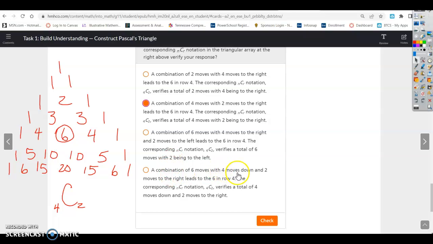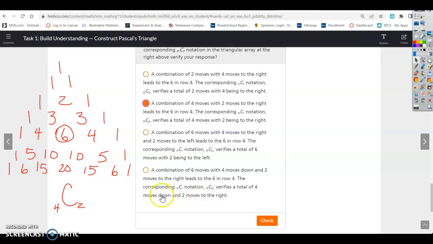A combination of 6 moves with 4 moves down and 2 moves to the right leads to the 6 in row 4. The corresponding NCR notation, 4 combination 2, verifies a total of 4 moves down and 2 moves to the right.